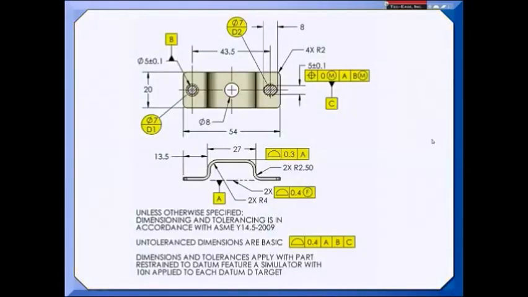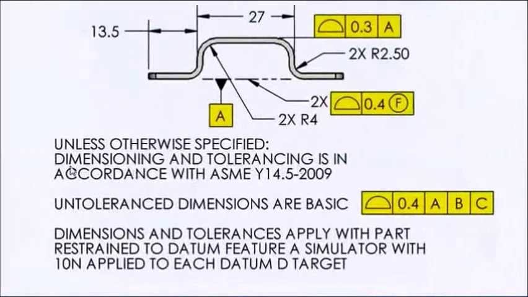This sheet metal part is considered to be rigid because I've referenced the Y14.5 standard. As soon as I did that, all of the fundamental rules are in effect unless I specify otherwise. On this drawing, I have specified otherwise. We see that dimensions and tolerances apply with the part restrained to datum feature A simulator with 10 newtons applied to each datum D target.